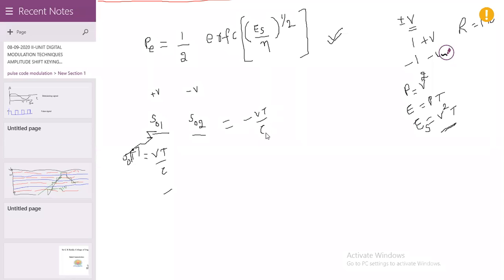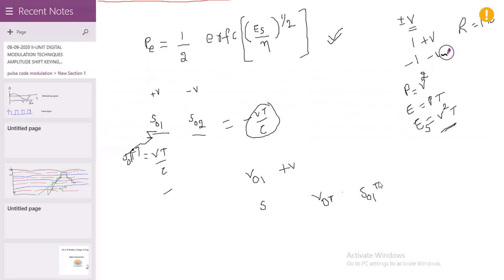Minus indicates logic 0 and plus indicates logic 1. Now we can optimize. Let us assume the input signal is V naught 1, plus V volts, transmitted. The output voltage of the integrator, V naught of T, is close to S naught 1 of T.